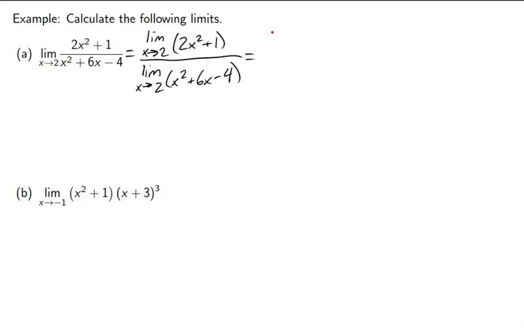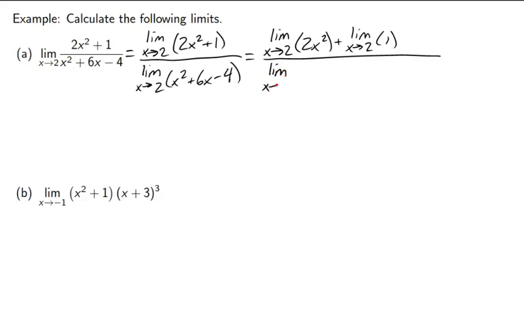So let's do that next. This looks a little bit lengthy, but we're only going to do this once. Limit as x approaches 2 of 2x squared plus the limit as x approaches 2 of just 1. And then we'll also do the same down here.